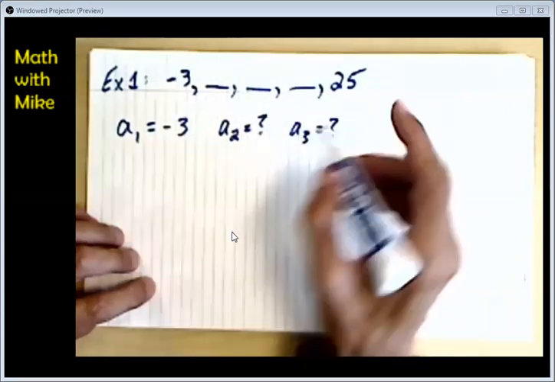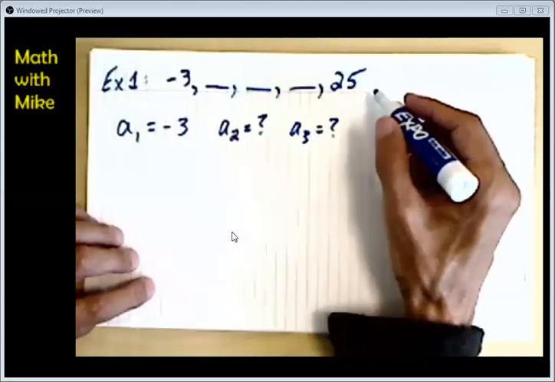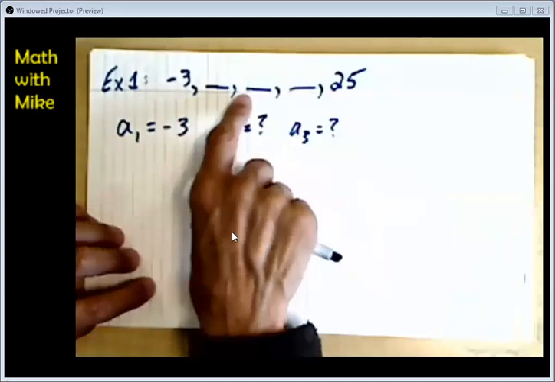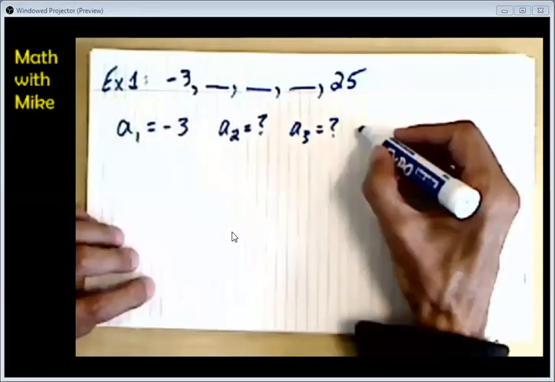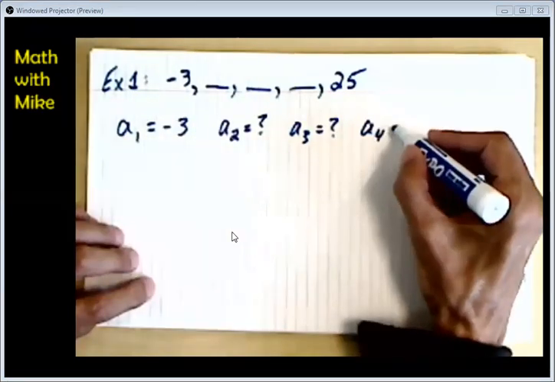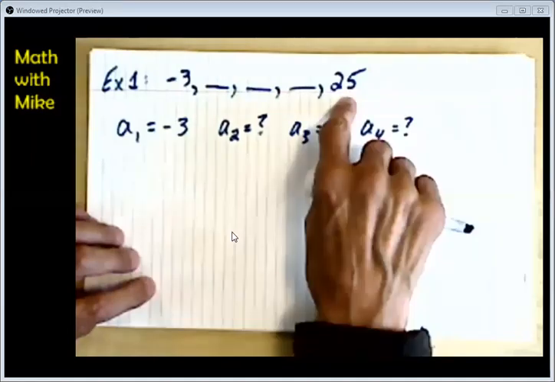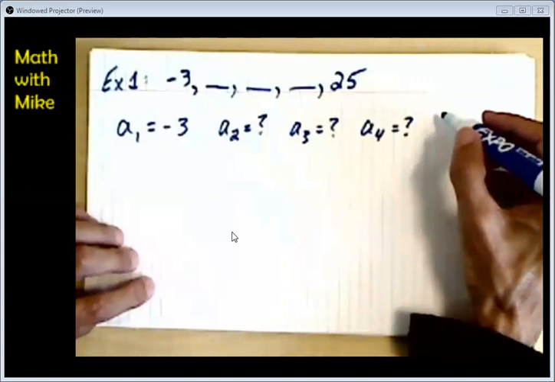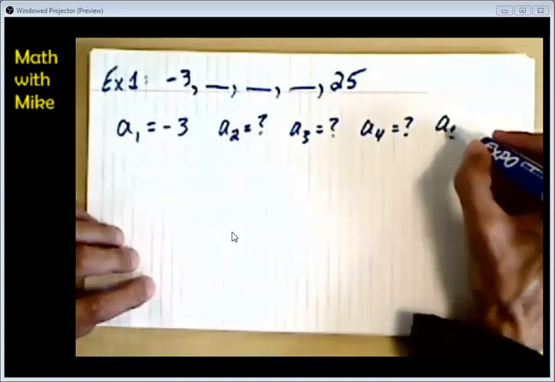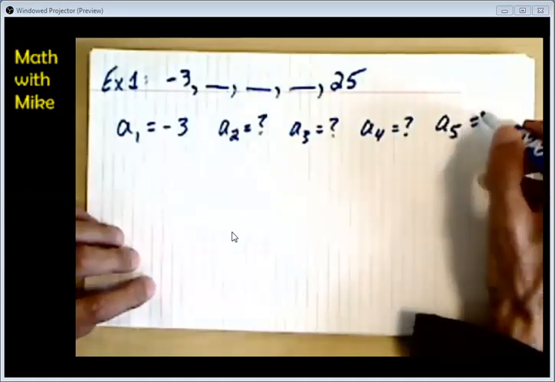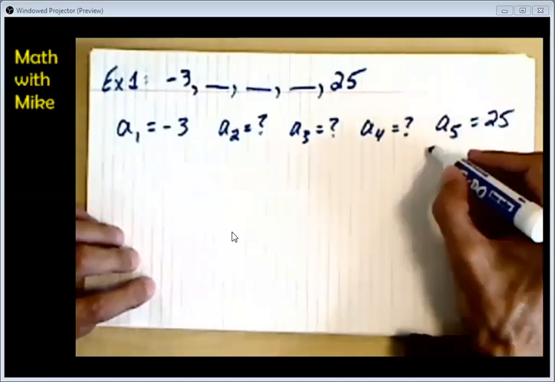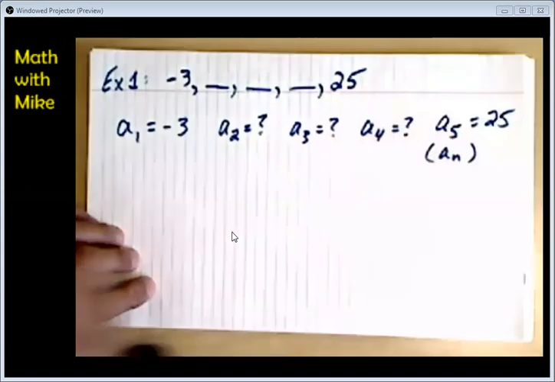How can we see? A2, A3, that's A4. So where is 25 located? Exactly. So you said AN, which is true actually, but even better is A5.